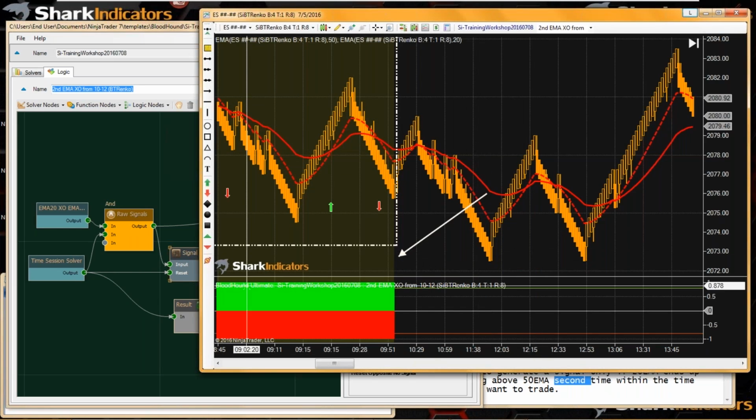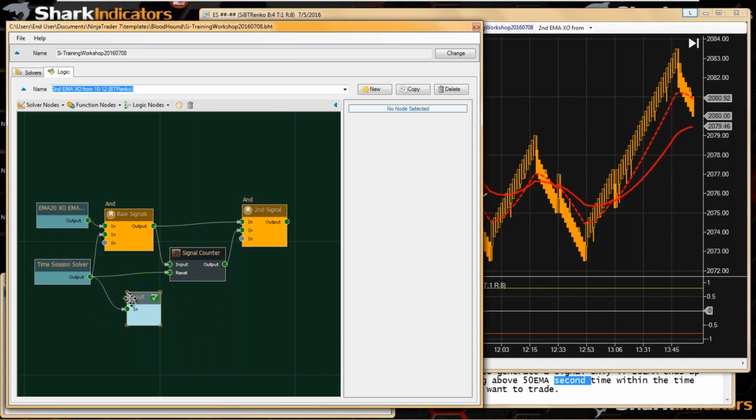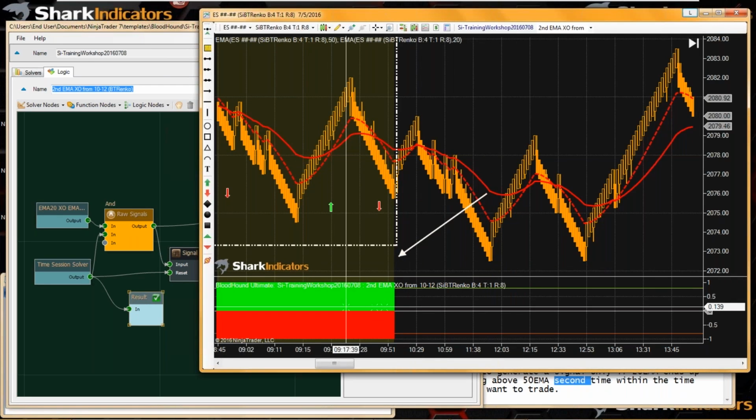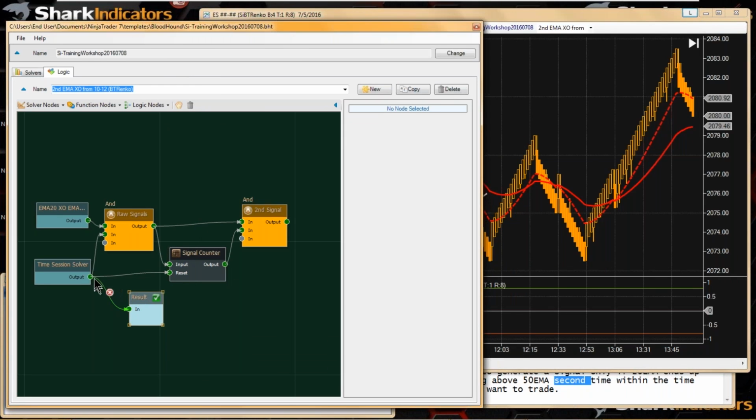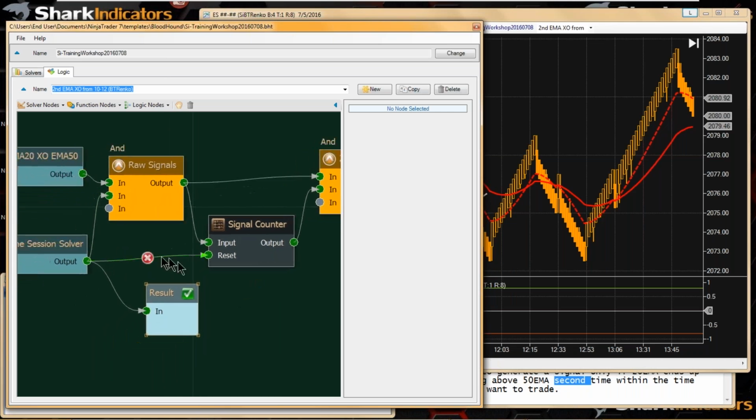So let's take a look at what we're seeing on the chart. Remember, we're looking at the time solver. I've got the time solver connected to the result node, and the time solver is also connected to the signal counter's reset. So what we see on the chart is the data that's going into the reset connection here. Let's zoom in a little bit.